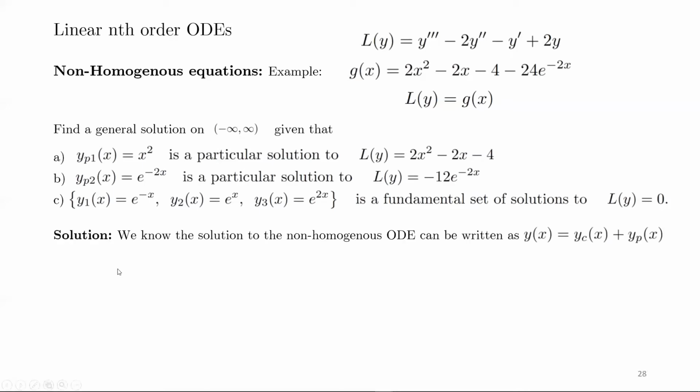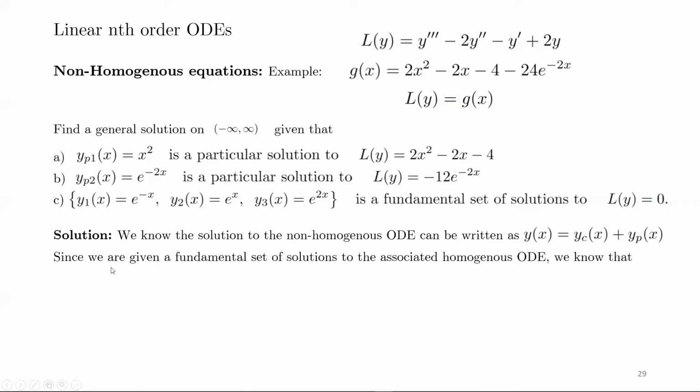Okay. So we know that the solution to the non-homogeneous ODE can be written as the sum of the complementary function and the particular solution. And since we're given a fundamental set of solutions to the homogeneous ODE, we know that we can write yc, the complementary function, as the superposition of these three functions.